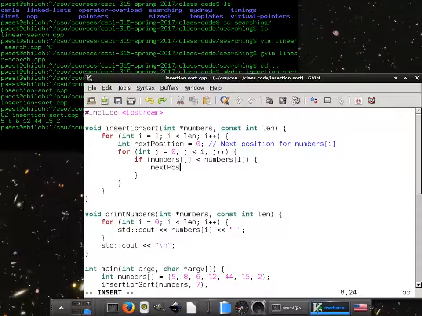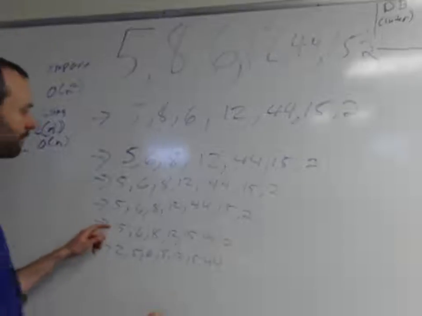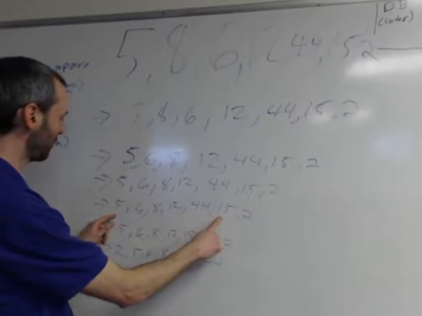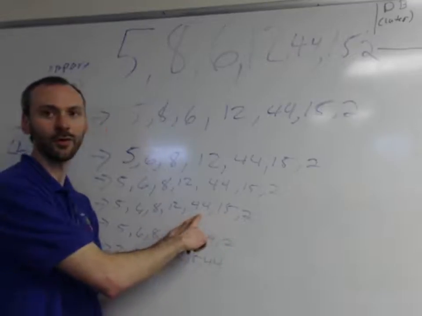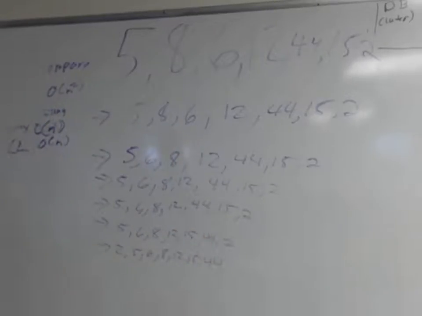So go next position plus plus. Okay? Now, if we do that for the 15, let's say we go 0, 1, 2, 3, 4, and we know that it needs to go into the 4th position, right? So now we need to swap everything over.